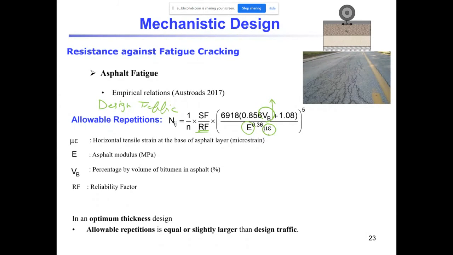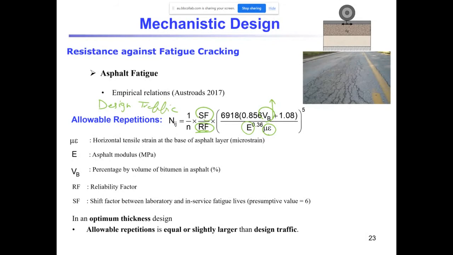The other one is the reliability factor, RF. We also have another factor which is called shift factor or a scale factor, and that's because of the scaling we are using in laboratory tests, right? So this shift factor is between laboratory and in-service fatigue lives.